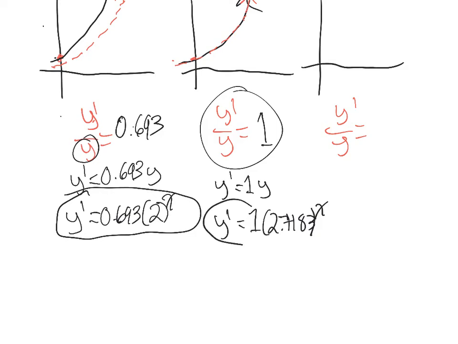So that's interesting. That one's not vertically scaled at all. So the derivative is equal to the original function. If the y value is 1,000, the slope is 1,000. If the y value is 1,000,000, the slope is 1,000,000.